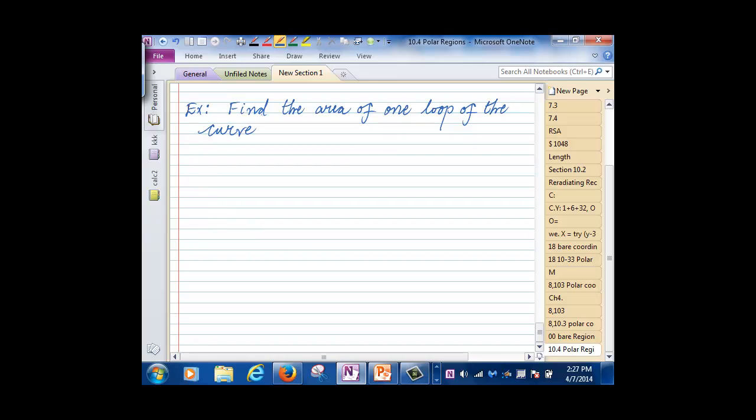I should say find the area inside one loop, I guess. So let me change that a little bit, okay? Find the area inside one loop of the curve r is cosine of 2 theta.